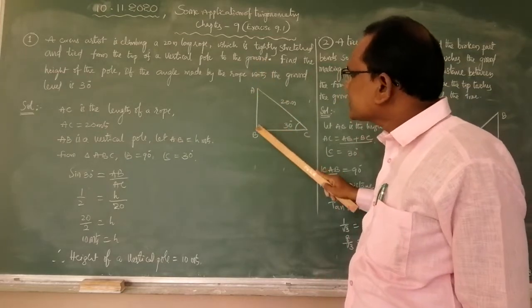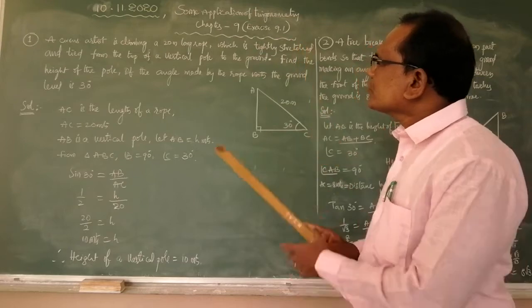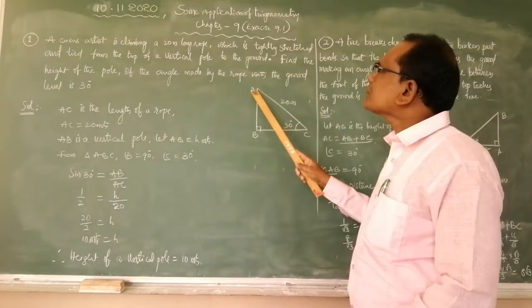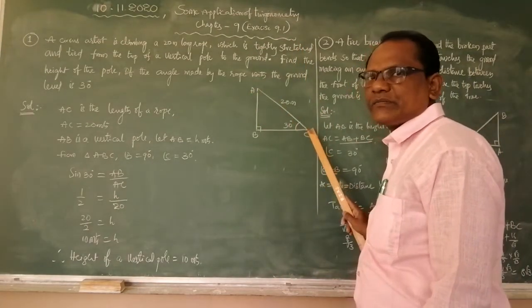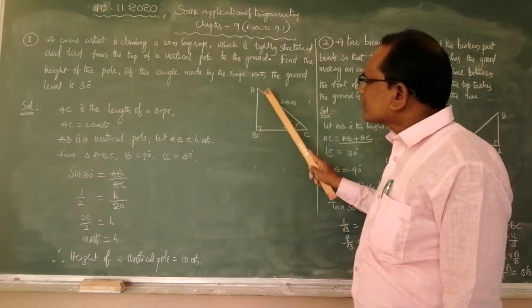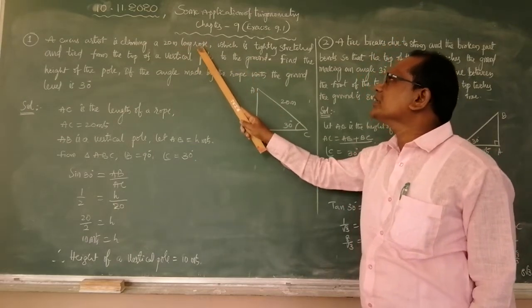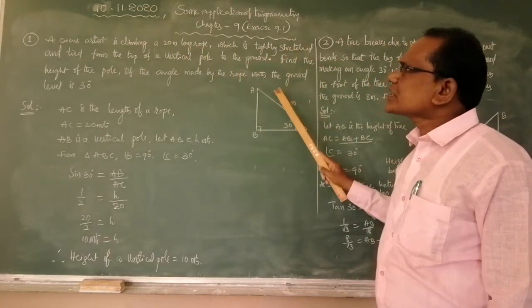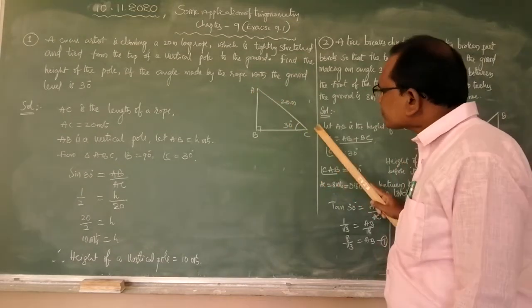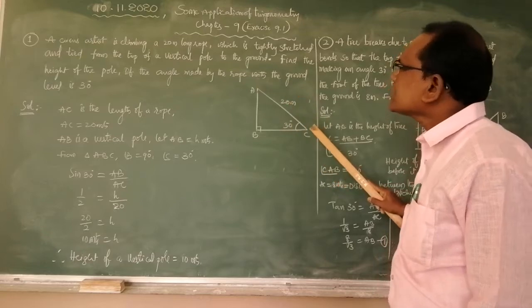AB is the vertical pole. This is the ground level. For the vertical pole, the 20 meters long rope is tightly stretched and tied from top to bottom. This is the top of the pole and this is the ground position.